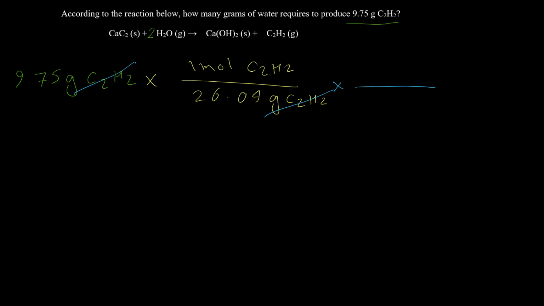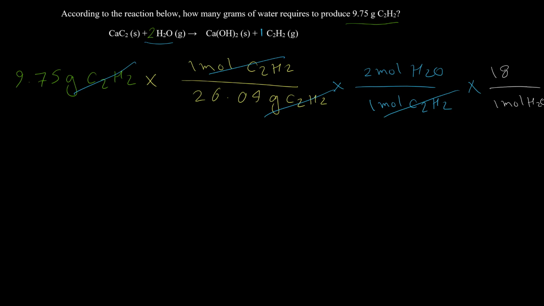The next step is converting mole of C2H2 to mole of water. Coefficient for C2H2 is 1, so 1 mole of C2H2 is equal to 2 mole of water. And for the last step, I'm going to convert mole of water to gram of water. Again, we don't have molar mass of water in this example, but we already calculated it for the previous example and it was 18.01 gram of water.